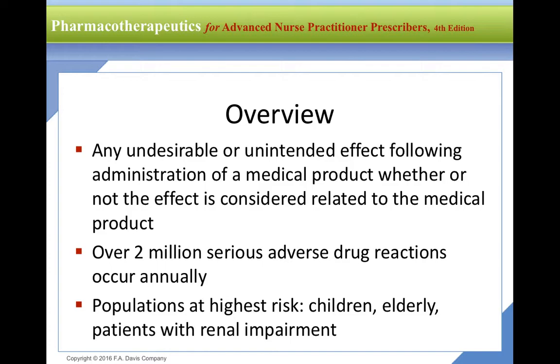There are over 2 million serious adverse drug reactions annually, and the highest risk are children, elderly patients, and patients with renal impairment. Renal impairment inhibits clearance of the drug, so you end up getting higher levels than you would expect of the medication, and it can become toxic.